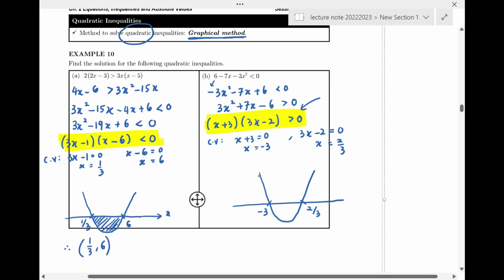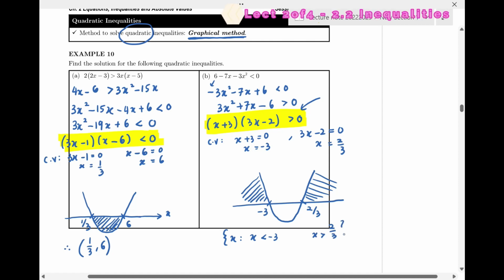So positive is the one on the upper side of our line. Okay, so the answer is, if I put this in a solution set, I will have first x less than negative 3 and also x greater than 2 over 3. So what do we put in between these answers? So we put or.